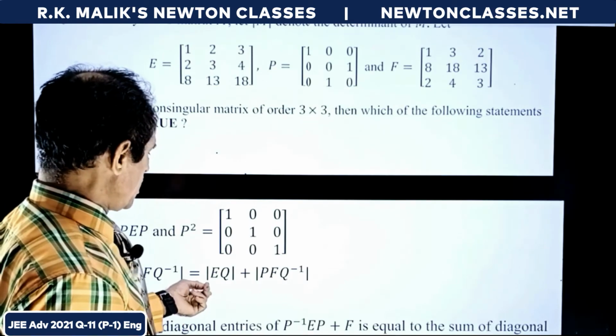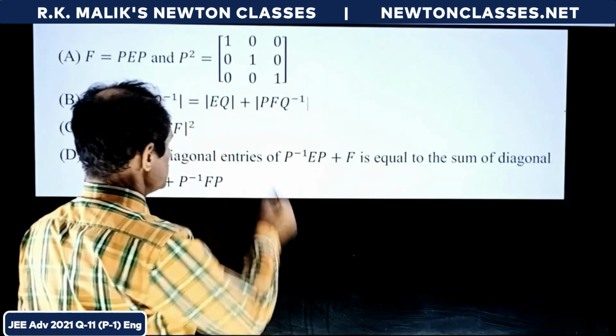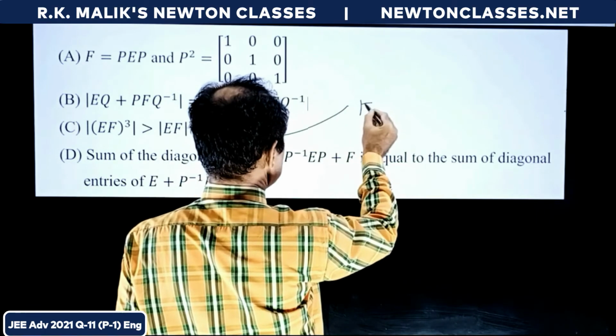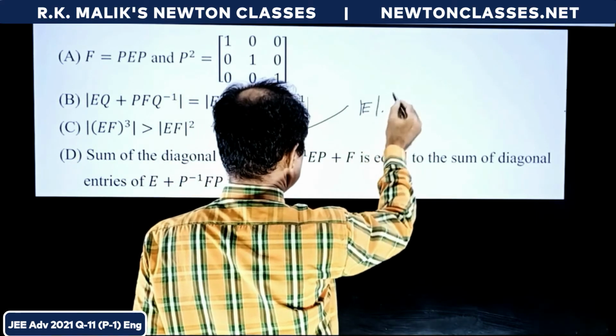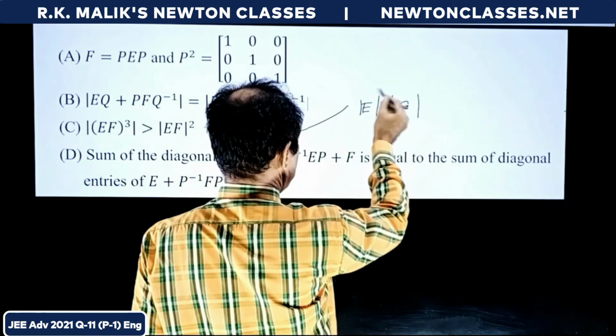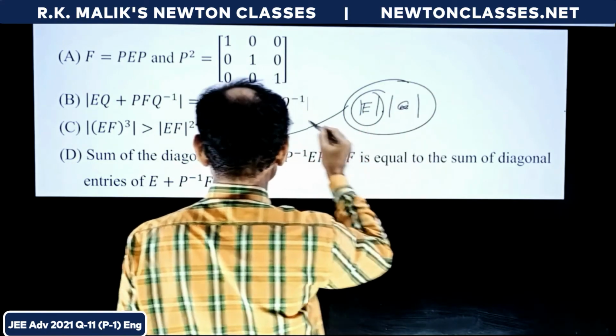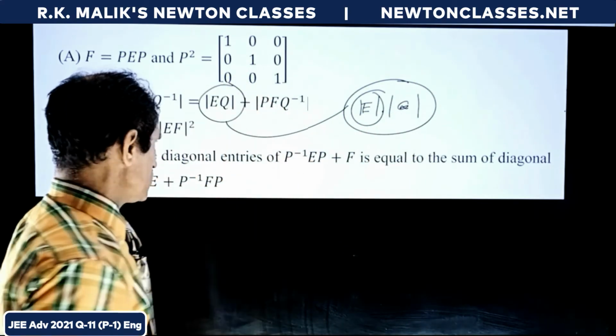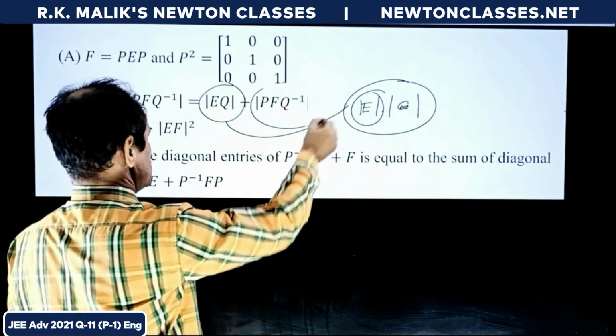Now, let us calculate the right hand side. This clearly means determinant of E into determinant of Q, and because this is 0, the whole becomes 0. Therefore, the answer of this is 0. Now, let us calculate this.